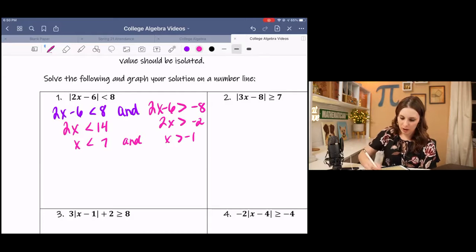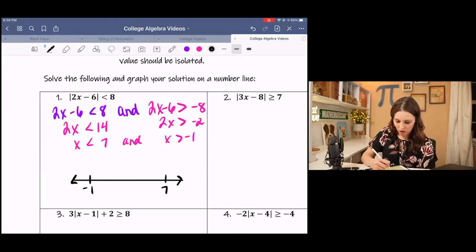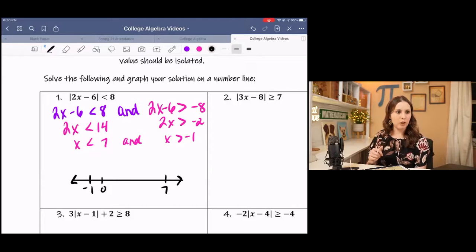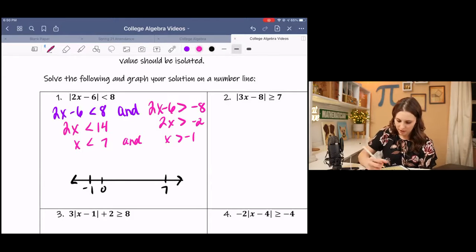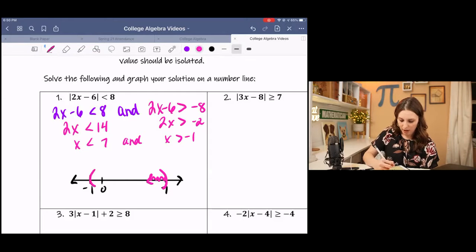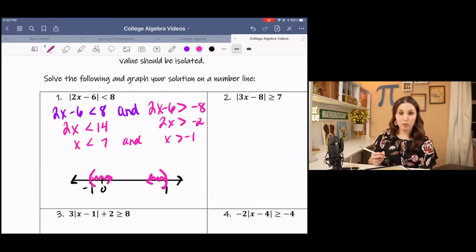So let's look at that on a number line. We've got -1 over here, 7 over here, 0, just some reference. It says less than 7, so that's going to go this way, and greater than -1, so that would go this way.